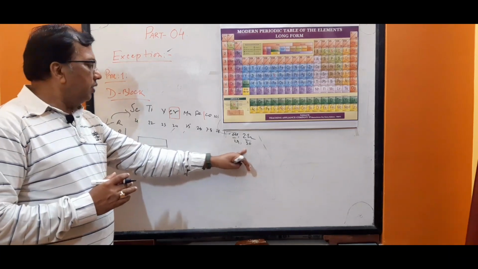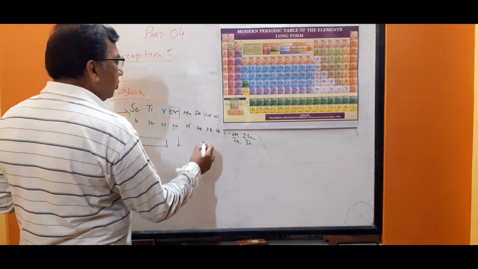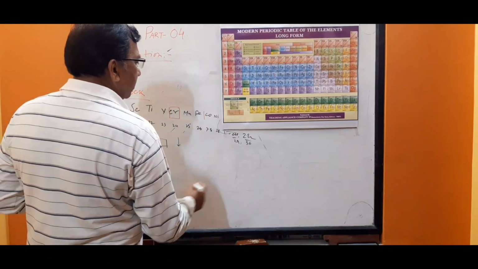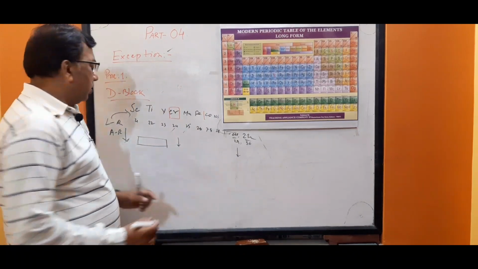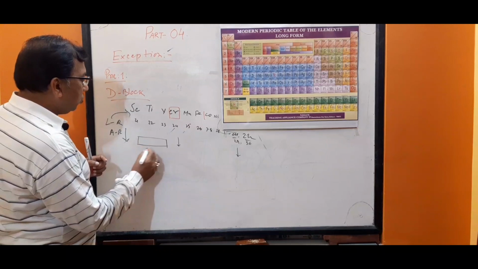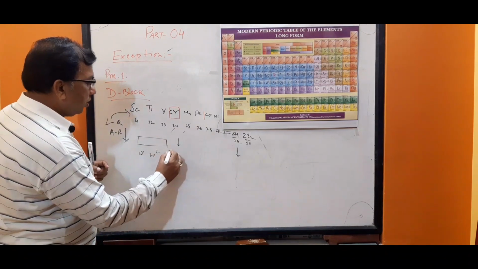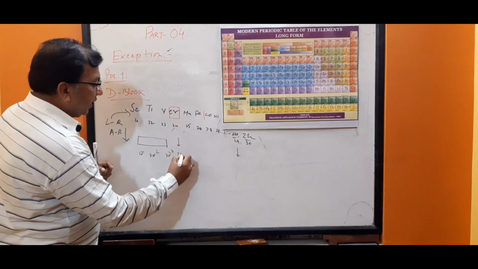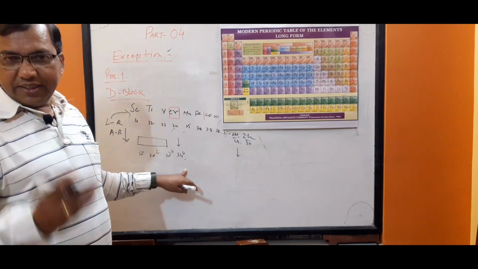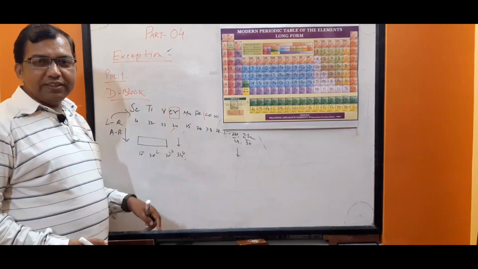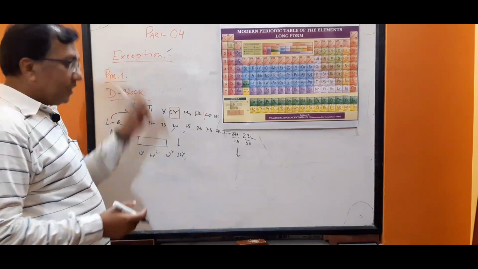Up to 3d10, and this is also an exceptional case, and this is also an exceptional case. 3d1, 3d2, 3d3, will 3d4 be there or not? Clear? The exceptional case of copper and chromium I have already discussed in atomic structure.